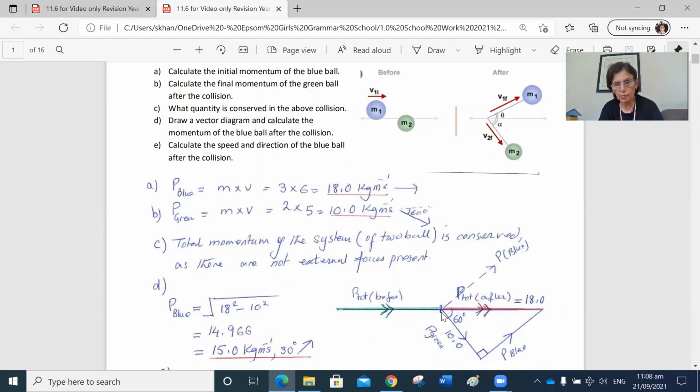So the blue ball goes roughly in this direction. Then using Pythagoras and the tangent, we can find the size of the momentum of this blue ball and also the speed, because P equals mv. So that's how we solve these types of questions using the law of conservation of momentum.